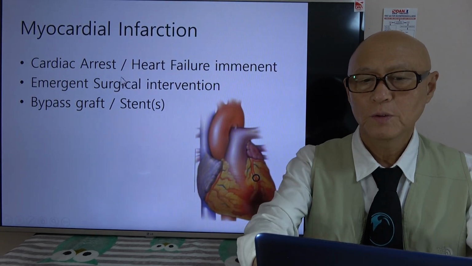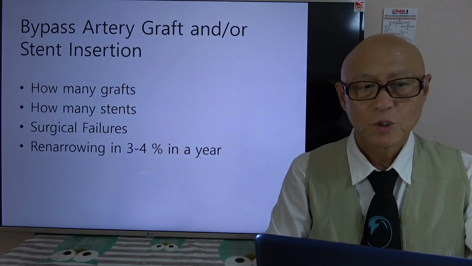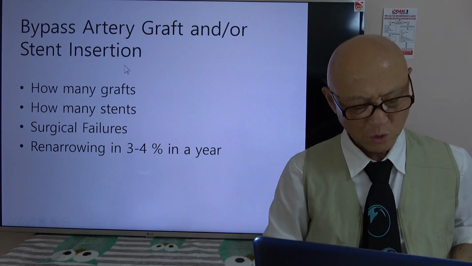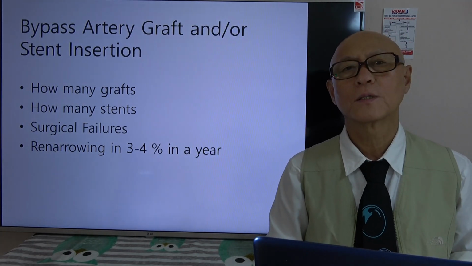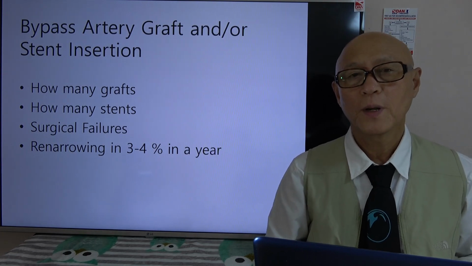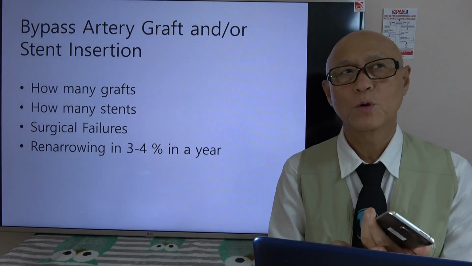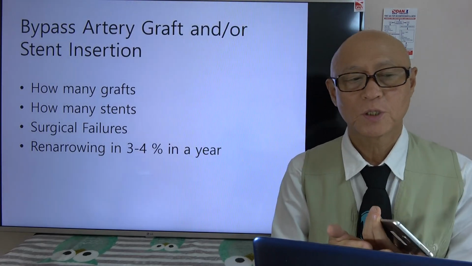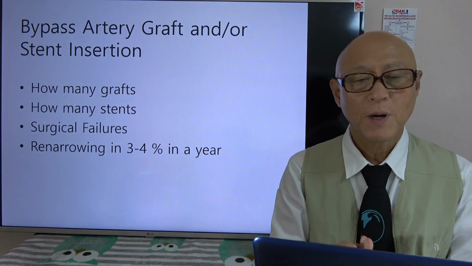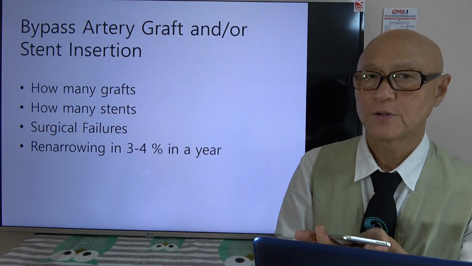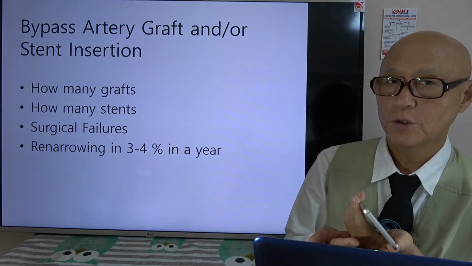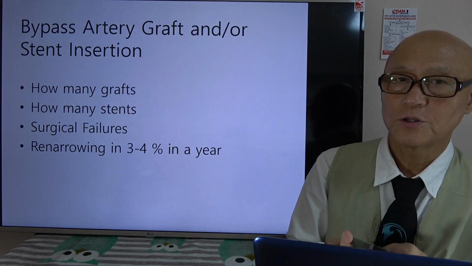What we do is we remove the narrowed part of the artery and replace it with some removable veins. It's called bypass arterial graft, or we do a stent insertion.